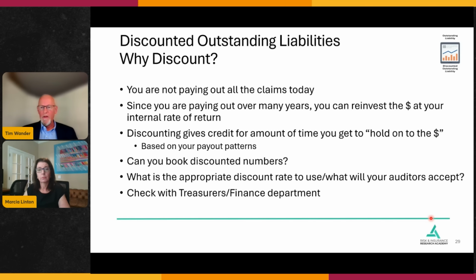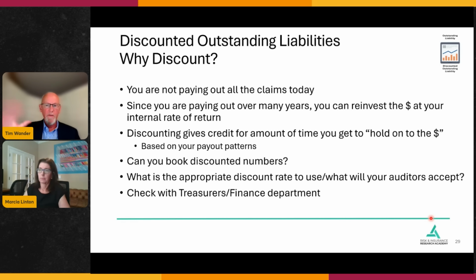So I've run into this myself. Absolutely, check with your finance, your treasury department, your CFO. I would talk to my broker, and then I'd go internally to our own finance and our own CFO, and talk to them about, do we want to use discounted reserves or do we want to use undiscounted reserves?